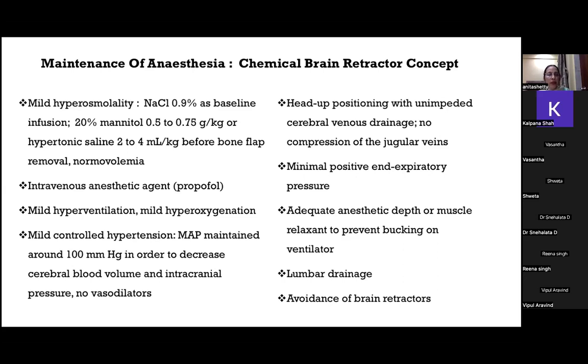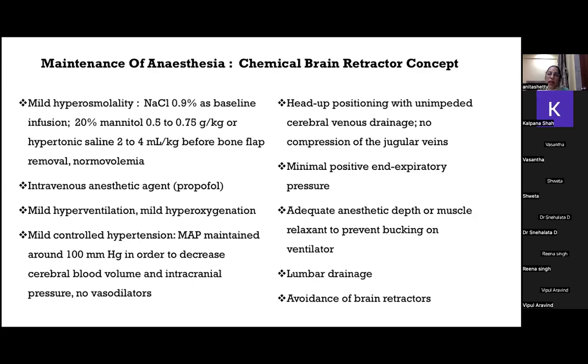Mean arterial pressure is maintained around 100 millimeters of mercury because this will cause a vasoconstrictor cascade, and this decreases the cerebral blood volume and the intracranial pressure. See that no vasodilators are in use. Head-up position is given so that there is unimpeded cerebral venous drainage. There should be no compression of the jugular veins.